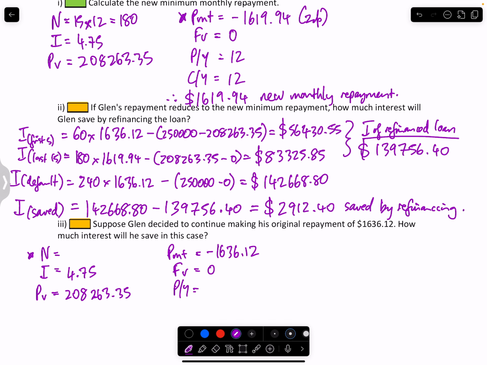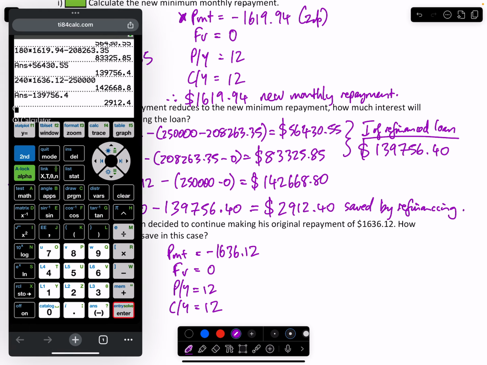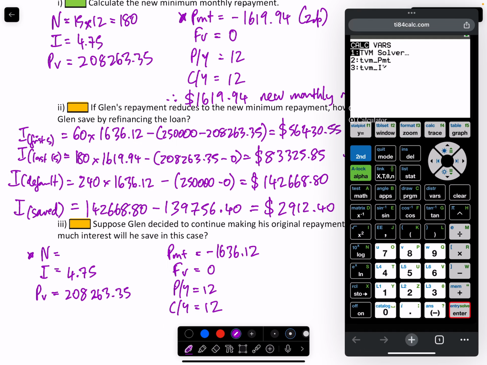PY is 12, CY is 12. Solve for this. Apps, finance, TVM, 208, that's already there. The only thing we're changing is that he's happy paying more because that's what he was already doing at the start of the loan. So that's going to come to 177.42 to 2 decimal points.